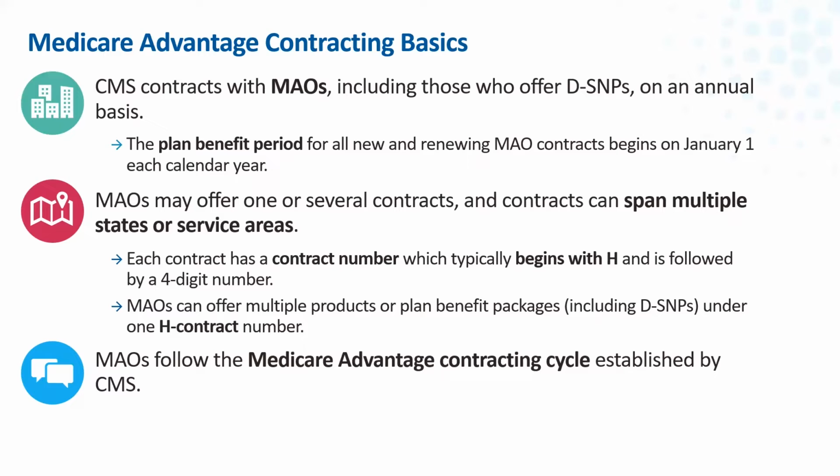Medicare Advantage organizations follow a well-established timeline set by CMS that governs their application and bid submission process. This is commonly referred to as the Medicare Advantage contracting cycle.